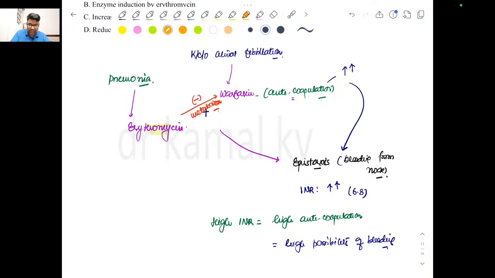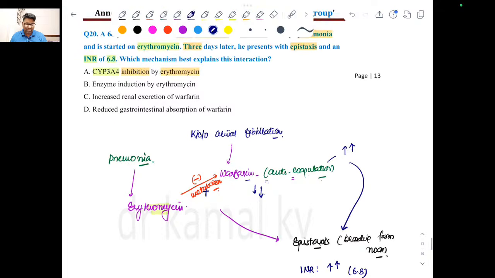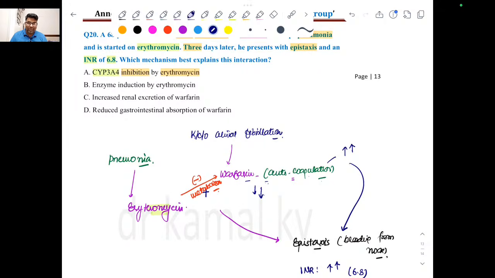So in such a case you have to reduce the dose of that other simultaneously given drug, because if you give the usual dose, with no metabolism the amount of drug in the body will keep on accumulating, and therefore it can produce adverse effects. So in such cases we need to decrease the dose of the simultaneously given drug so that the side effects don't come. So this is the concept of microsomal enzyme induction or inhibition, and that's a very commonly tested topic in exams, right?